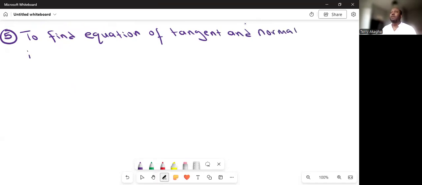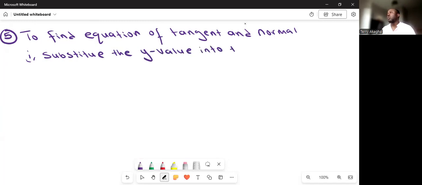So the first thing you have to do is that you have to substitute the y value into the original equation to get t. So into the original equation to get t.